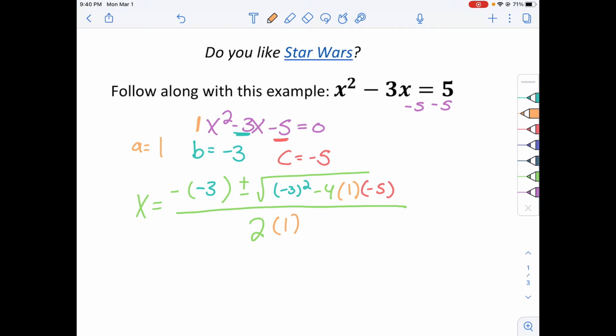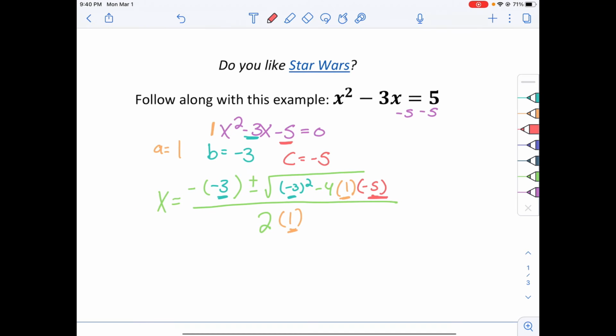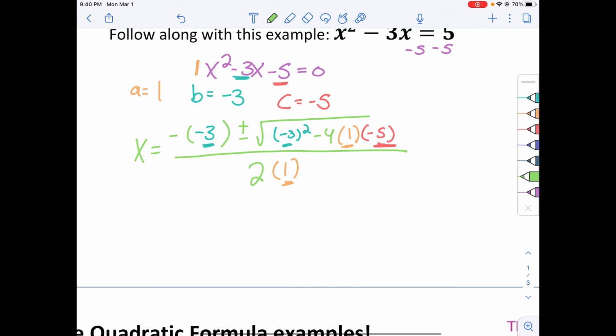All right, and that's exactly how you would plug it in. So b gets used twice in the equation, a gets used twice in the equation, and c only gets used once. From here, you would need to do a lot of simplifying.